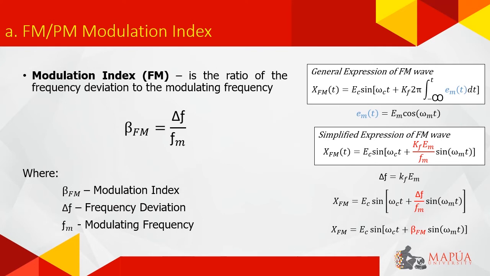By simplifying that equation and integrating the modulating signal e_m(t), it will yield the simplified expression of the FM wave where the modulation index will be derived, which is highlighted with the red font.